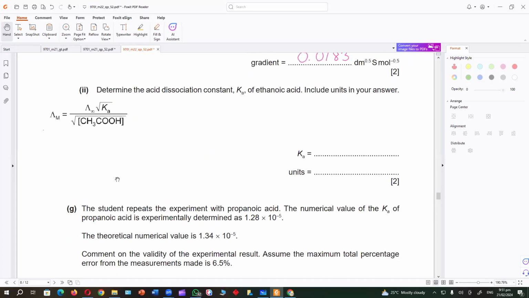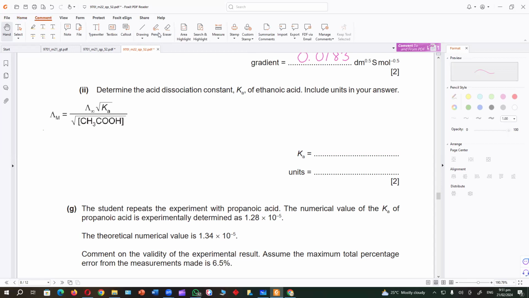So what should I do now? I'm thinking to rearrange the equation. I'm going to take the under root thing on the left hand side. Look, this is the thing.